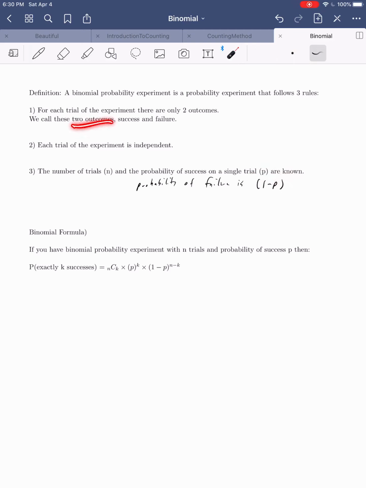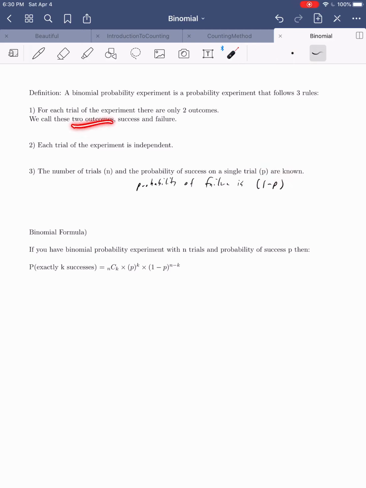Okay, so how do we work with these binomials? Luckily, there's a famous and important formula that helps us calculate the probability when we're in a binomial probability experiment. This is called the binomial formula. It says if you have a binomial probability experiment, so you have something that follows all three of these rules, with n trials and probability of success p, then you can calculate the chance that you get exactly k successes with n attempts by this formula.